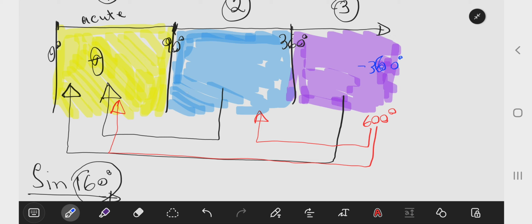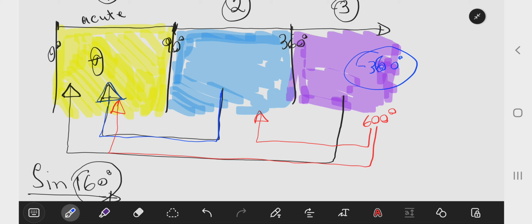So now for the second region, which is the blue region, for you to reduce angles in this region and take them to the first region, which is where we want our theta to be, it's not a general rule whereby you just subtract 360 as in the third region.